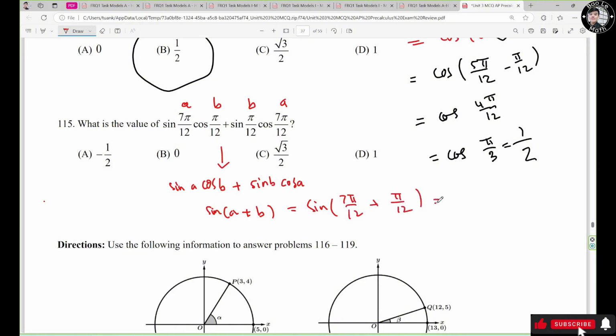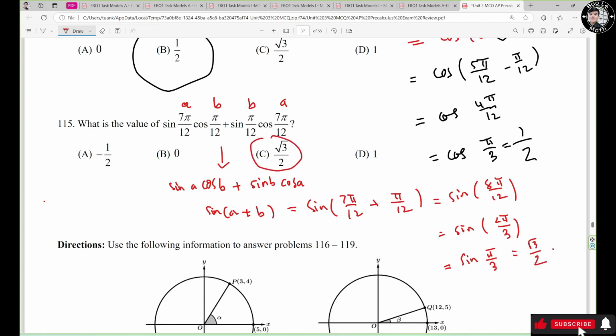So it could be sine of 8 pi over 12. Now simplify: it could be sine of 2 pi over 3. Sine of 2 pi over 3 is the same thing as sine of pi over 3, which means root 3 over 2. The answer must be C.